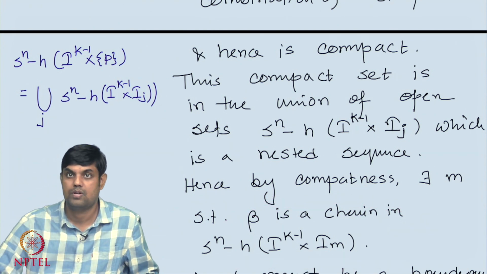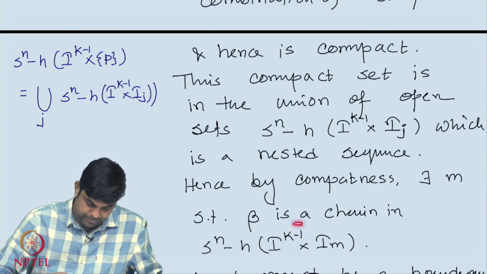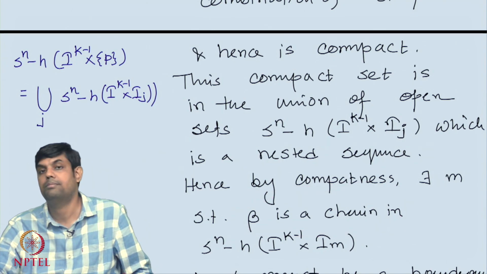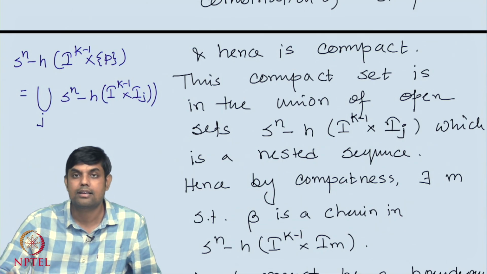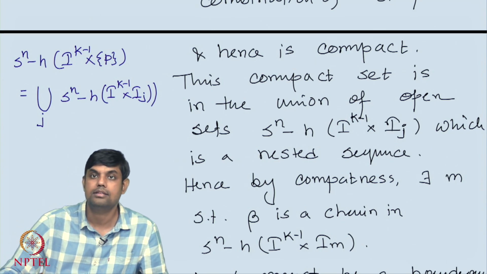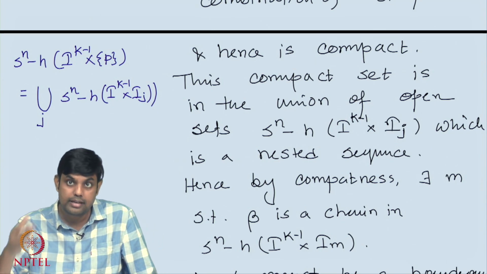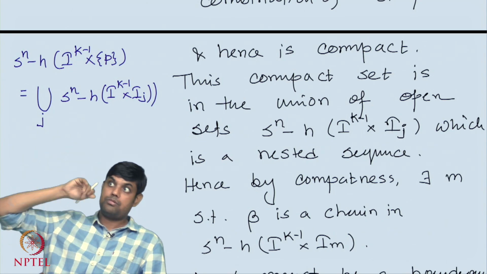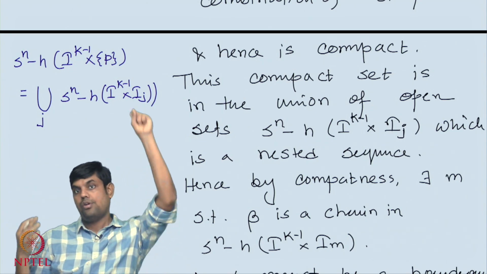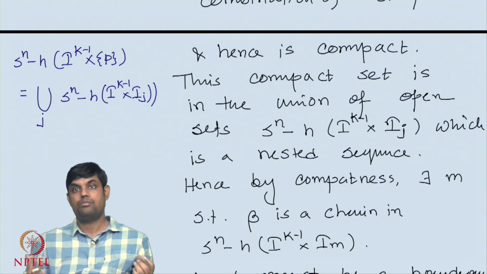Our claim was that beta is a chain in one of them. That means in that chain alpha is actually the boundary of beta, because beta is lying there. We already know alpha is a boundary of beta, and it is sitting inside one of them.